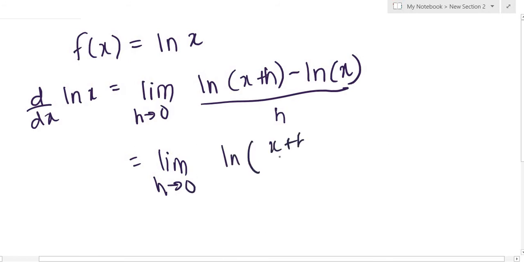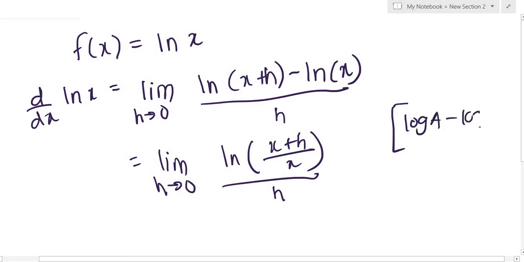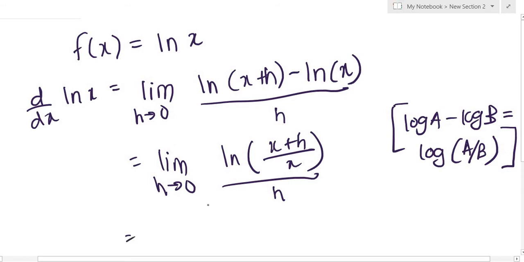So x plus h all over x. I'll write the formula here: log a minus log b equals log of a by b.